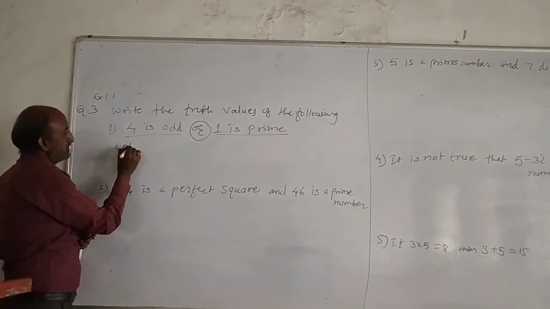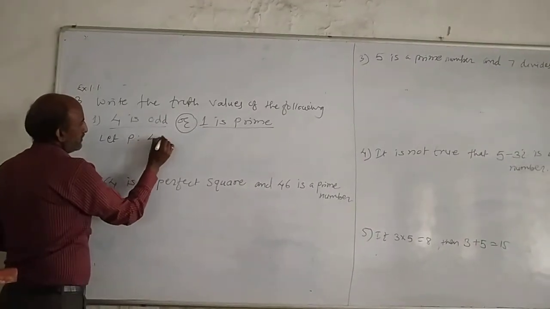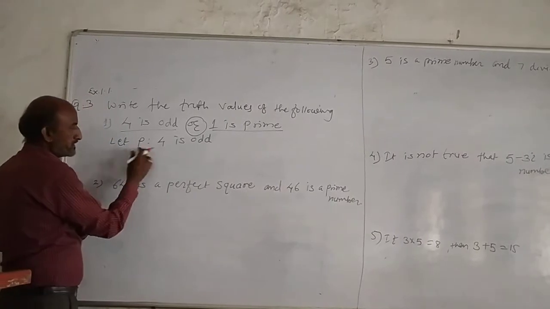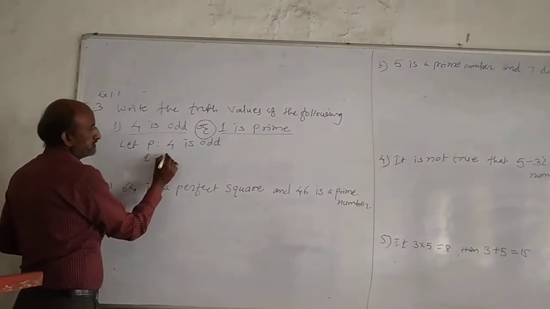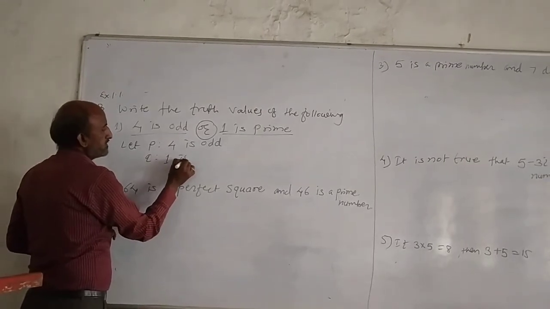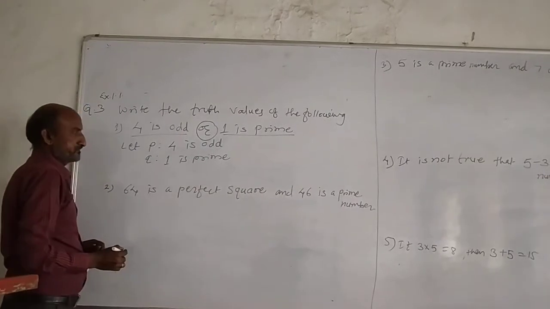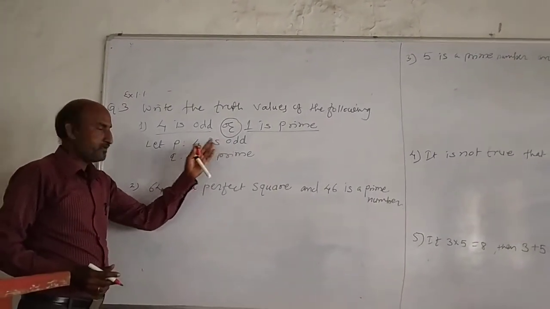Let P be the statement: 4 is odd. Statement Q: 1 is prime. First statement P, 4 is odd.